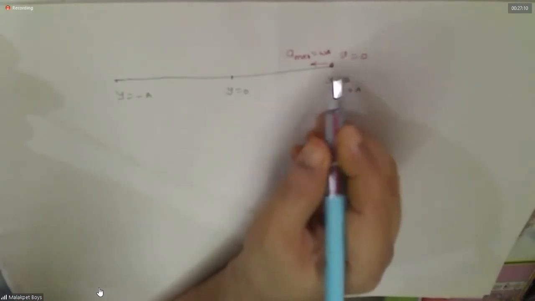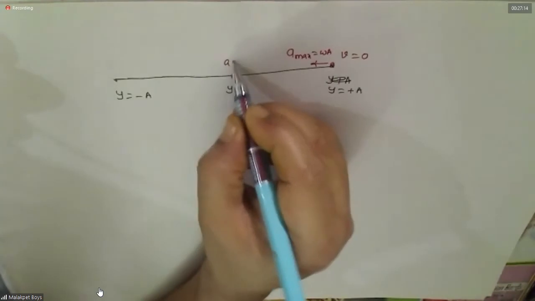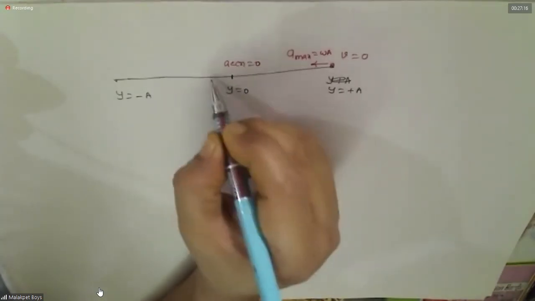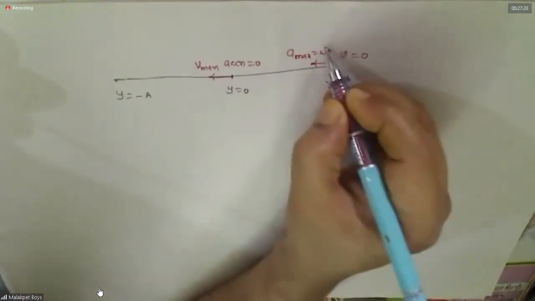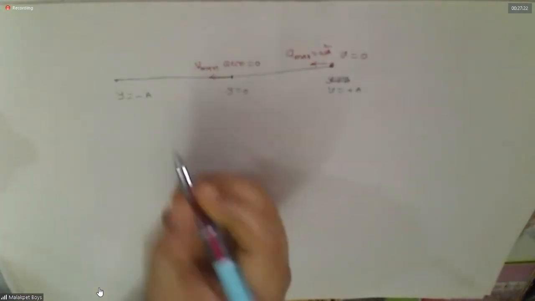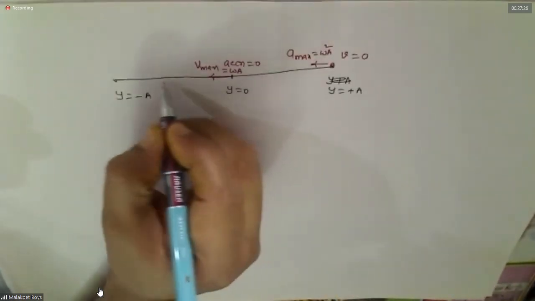Therefore the force will pull it like this. Here there is no acceleration, but there is velocity. Sir, omega square A. Understood this? This velocity is omega A. Again it goes over here.